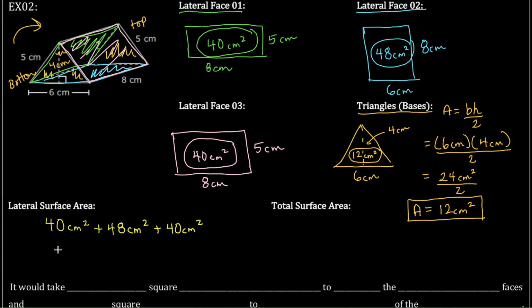So if I add all these, my lateral surface area will be, 80 plus 40 is 120, so 128 square centimeters.